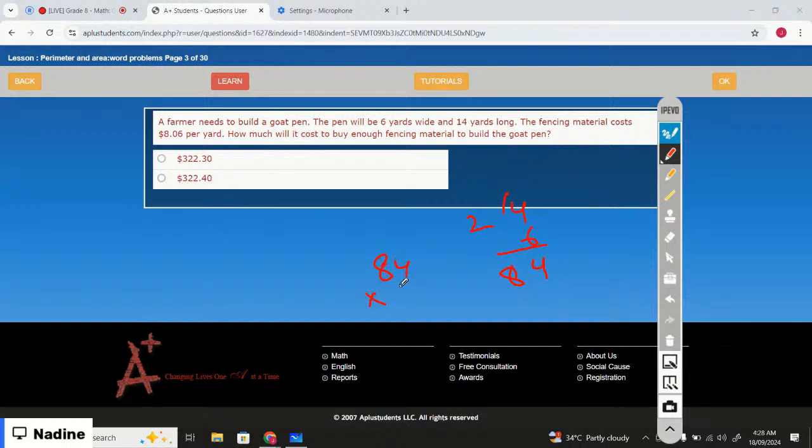Now you have to do 84 times 8.06 to calculate the final price including fencing, right? Hold on.